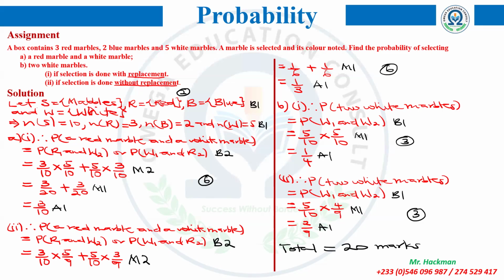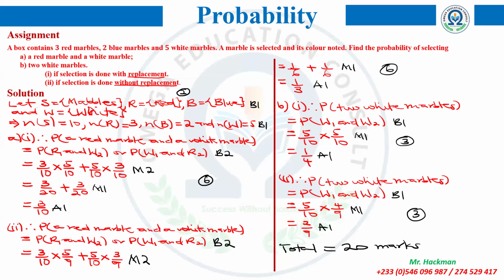So at this point, if you take (ii), we are looking at probability. A(i) will give us the probability of a red marble and a white marble. But if I'm dealing with (i), then I'm talking about without replacement. Obviously I'm dealing with two different colors, so I'm supposed to find the probability of selecting a red marble and a white marble.